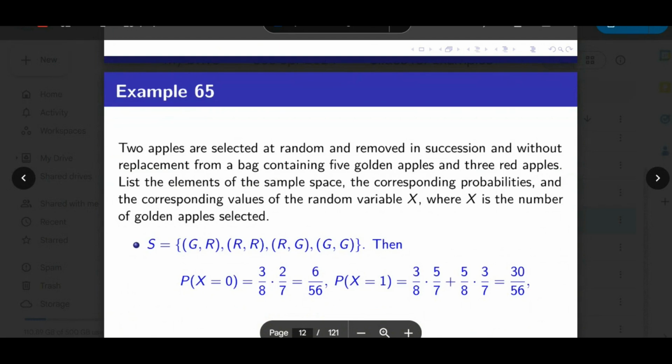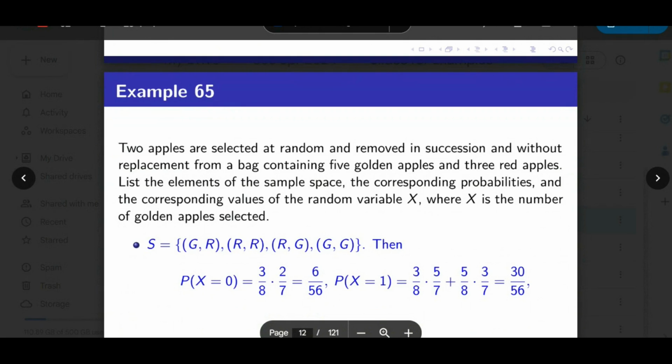So let's be careful. Then we can extend it to what's the probability of one golden. If one is golden, it could be that the first one was red or the second one, the first one was golden or the second one was golden. All the conditional arguments apply, because it just means maybe it was R2 and gold one, or it was R1 and gold two. Basically, to break up an intersection, you use conditioning and you condition on the first event.